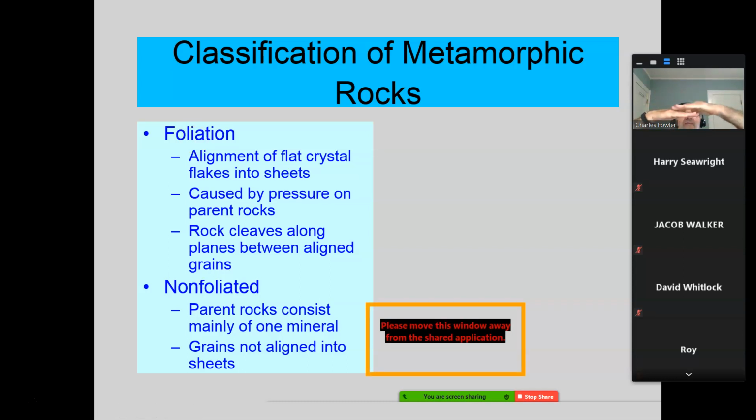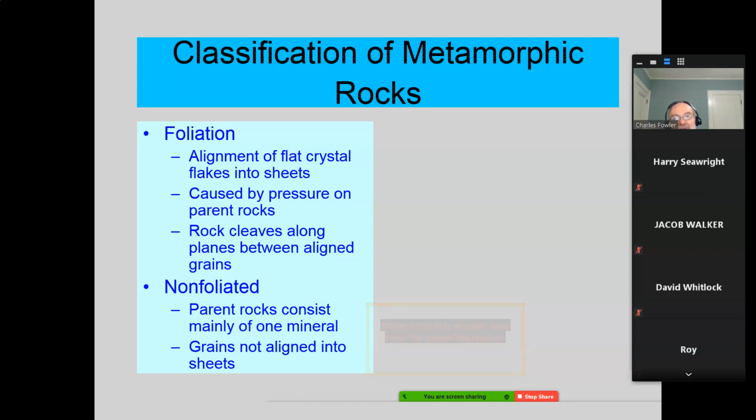So anything that stacks or lines up as flat plates, leaves, like a leaf on a book is a page in a book. Okay? Anything that lines up like that is foliated. If it's not lined up like that, it's non-foliated. So foliation is the alignment of flat crystals, flakes, into sheets.